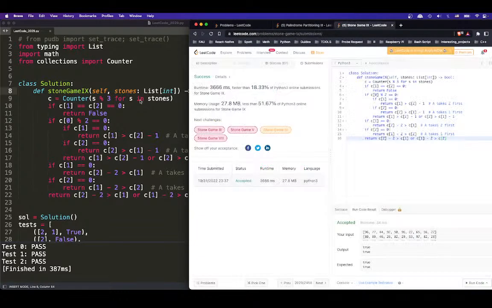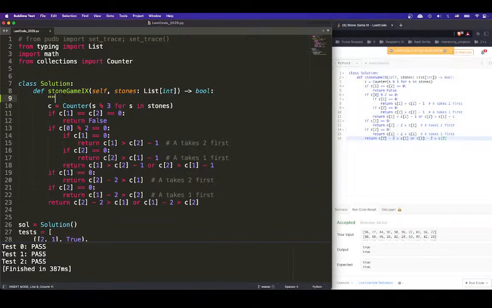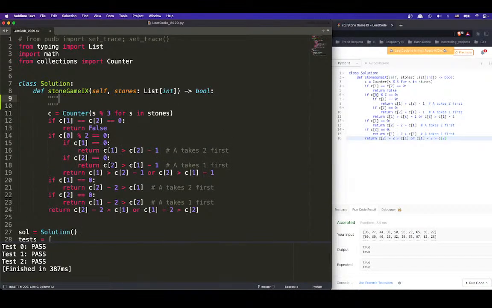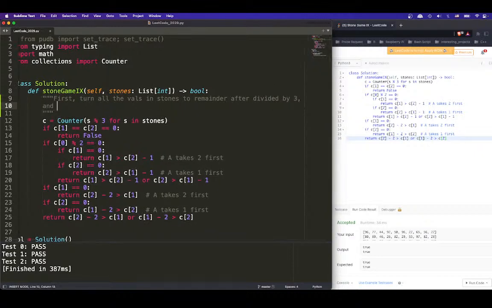All right, so here's the idea. First, turn all the other values in stones to remainder after divided by 3 and get their count.